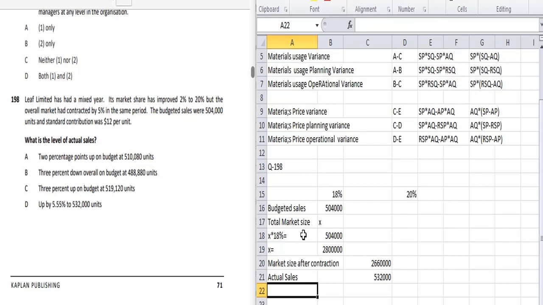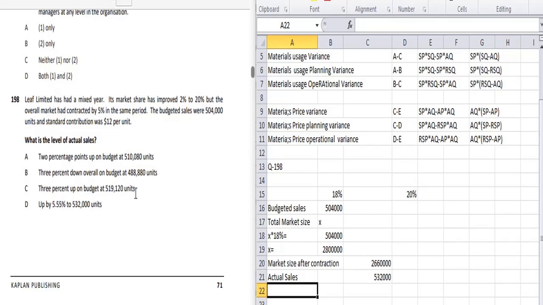So x of 18% equals the budgeted sales value, and by solving this I got the value of x as 2,800,000. But the question says in the same period the market has contracted by 5%, so this value should be reduced by 5%, so I got 2,660,000. Now after the contraction the market size is this, but we have achieved 20%, so 20% of this will be our actual sales.